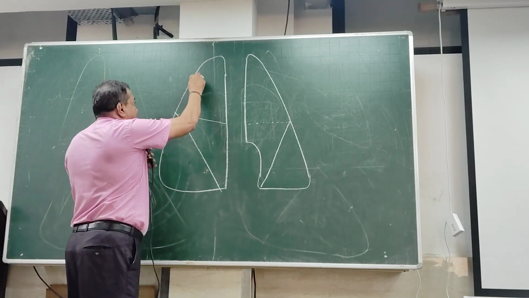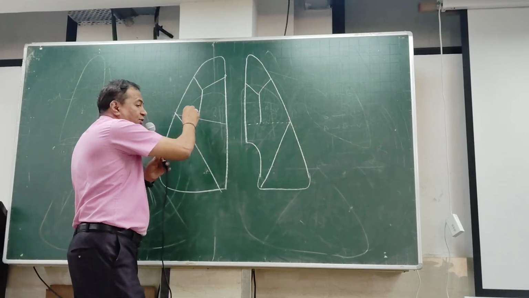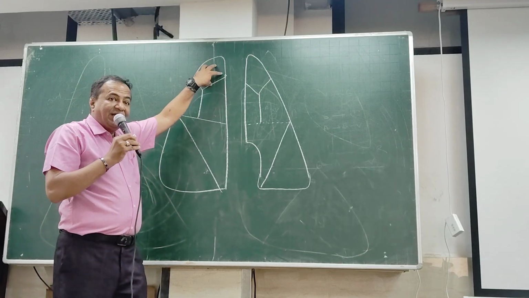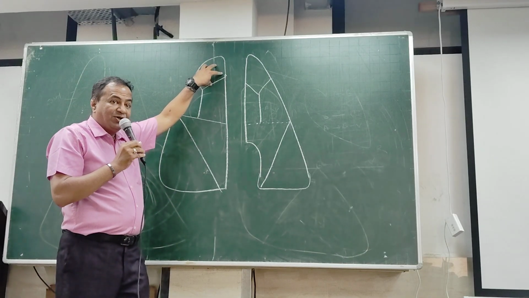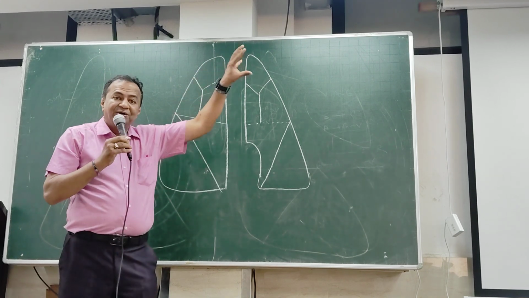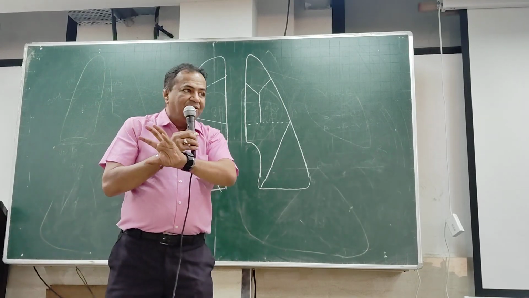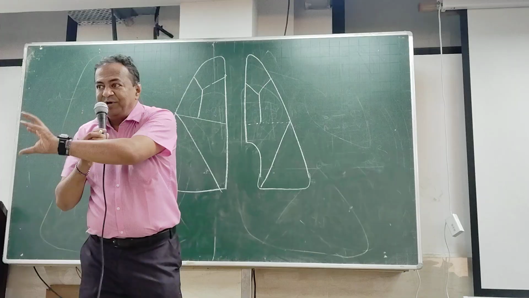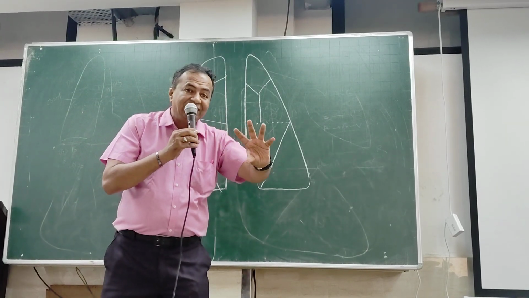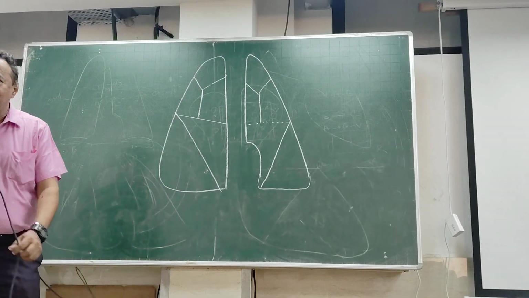Each lung has 10 bronchopulmonary segments, so they realized they could do segmental resection. If the tuberculosis is in the apical part, I just remove the apical segment. This is how anatomists have helped clinically, from pneumonectomy to lobectomy to segmental resection. This is the importance of learning anatomy.